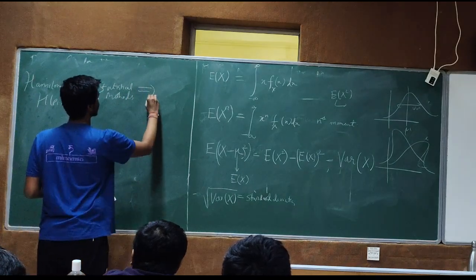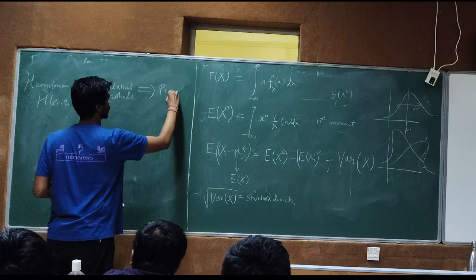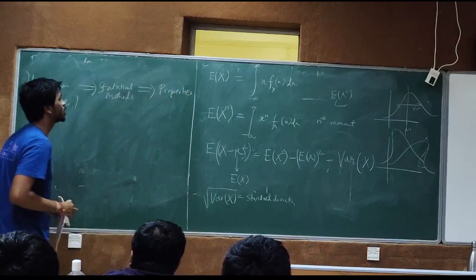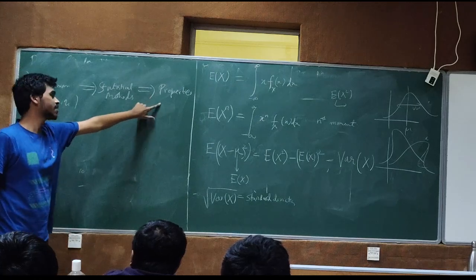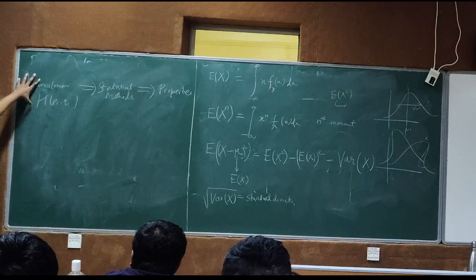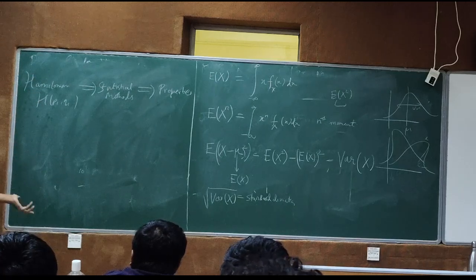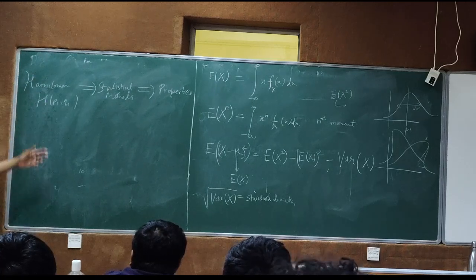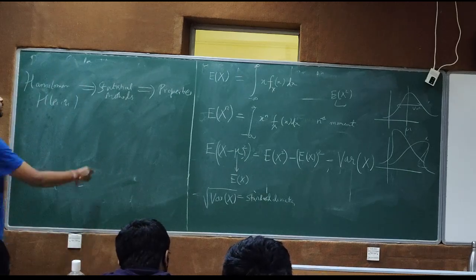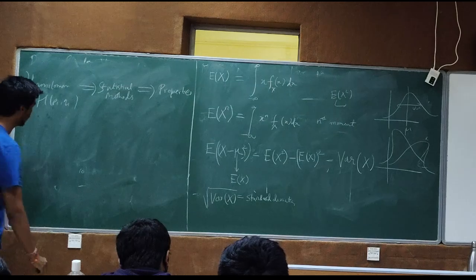And then you get some properties of it. These properties, if they match the experimentally seen properties, you have a good model. And if they don't, you would need to change your model or see if these methods are valid.